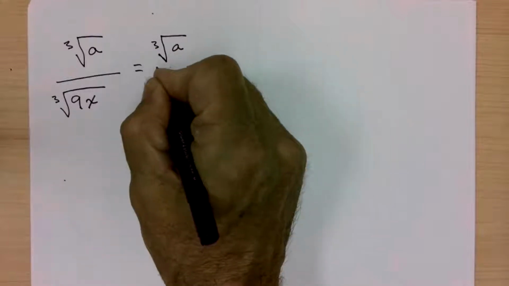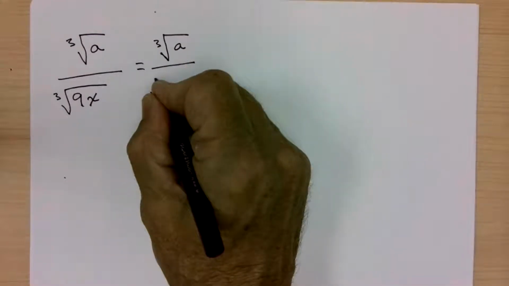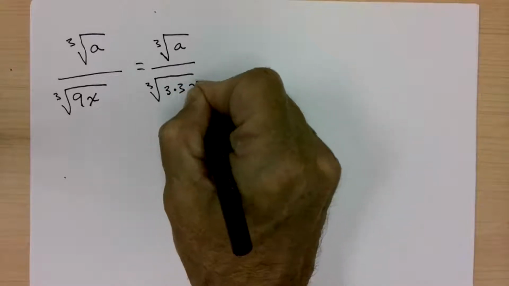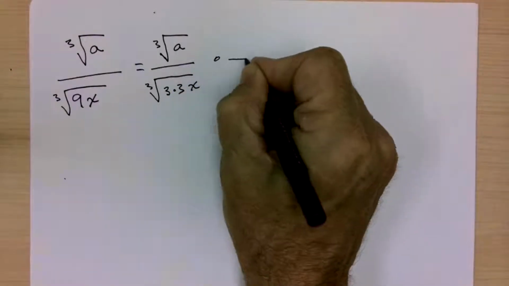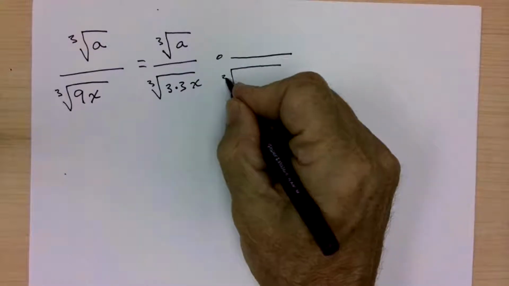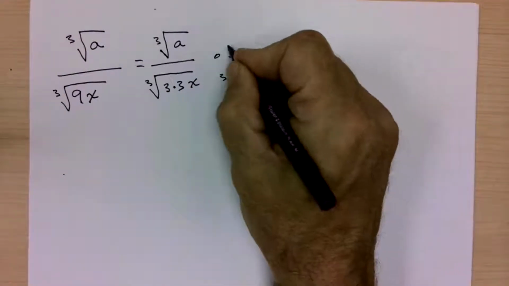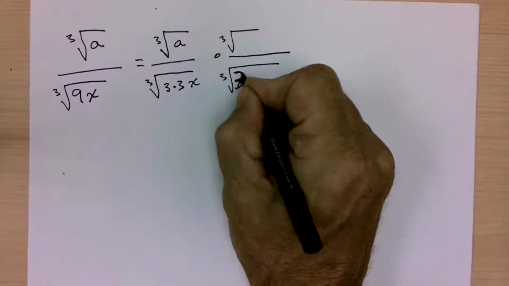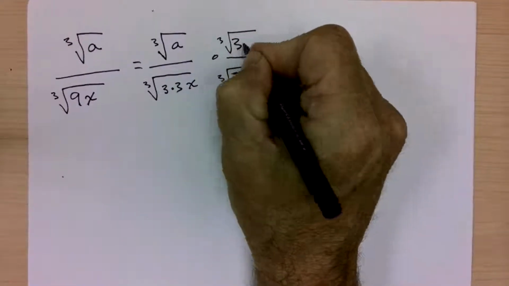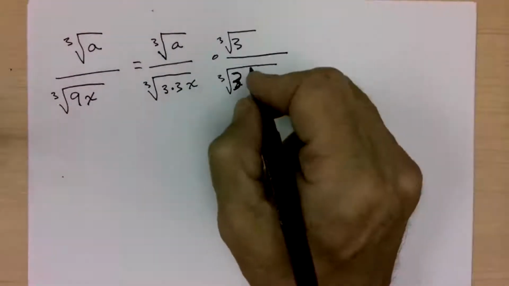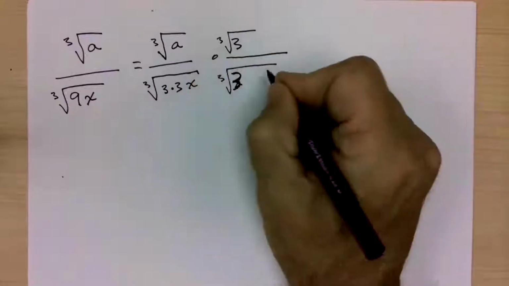Cube root of a, cube root of 9, 3 times 3. X is x. Multiply top and bottom by the same thing. I have 2 3's, I need 1 more. So multiply the bottom by cube root of 3 and the top by cube root of 3, which will give me 3 3's on the bottom. I have 1 x, I need 2 more to get out of the cube root.